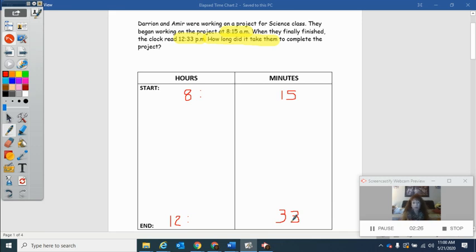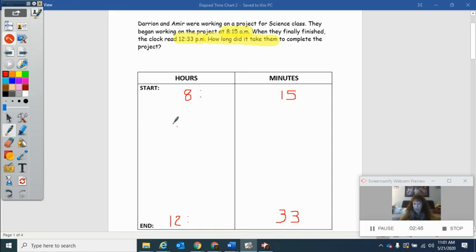Okay, so I'm going to start with my hours, and I have to count up from 8:15 by hours, but I cannot pass 12:33, right? I don't want to go past that because then I've gone too far, too much time.